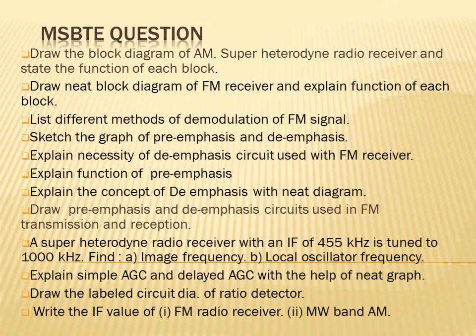The different methods of demodulation are simple slope detector, balanced slope detector, phase discriminator, ratio detector and PLL. Next one: sketch the graph of pre-emphasis and de-emphasis. You have to draw only the graph. Next one: explain the necessity of de-emphasis circuit used with FM receiver.